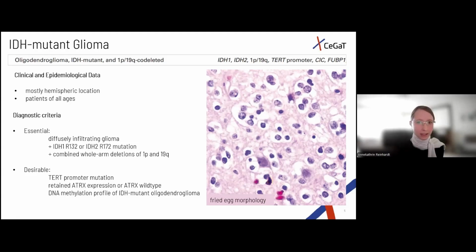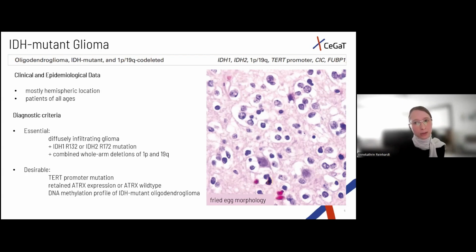In this entity, you do not find ATRX mutations and also not TP53 like in an astrocytoma. Instead, one of the essential criteria is co-deletion of the chromosome arms 1p and 19q. It's called 1p19q co-deletion, and this is also an essential diagnostic criterion for IDH mutant oligodendrogliomas.